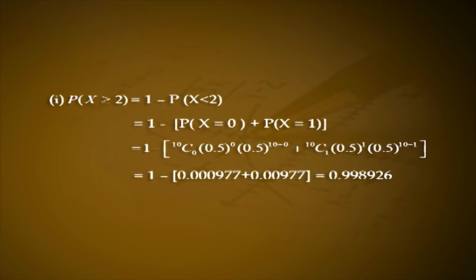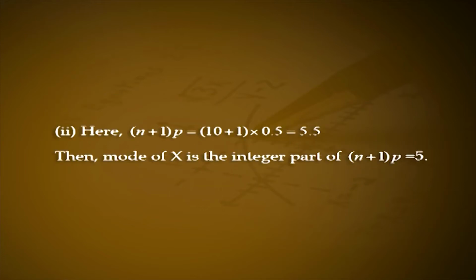That is equal to 1 minus of 0.000977 plus 0.00977, that is equal to 0.998926. Next, here n plus 1 into p equals 10 plus 1 into 0.5, that is equal to 5.5. Then the mode of X is the integer part of n plus 1 into p, that is equal to 5.